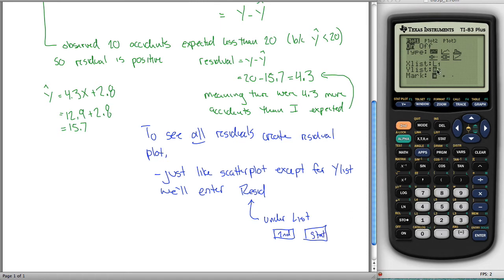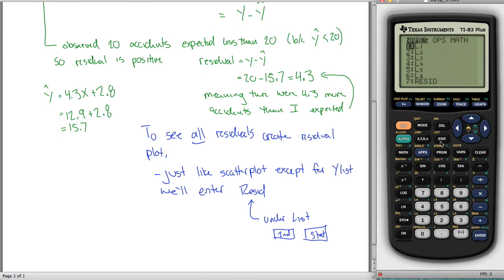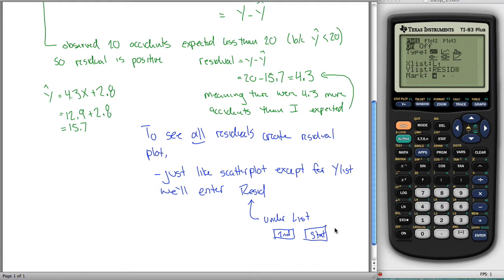Right where it's asking me for my y list, I'm going to hit the second key, then stat, and the seventh thing on this list is resid. So now it's saying, for your x's, use your x values, and for your y's, list the residuals. Now I've done everything I need to create my residual plot.